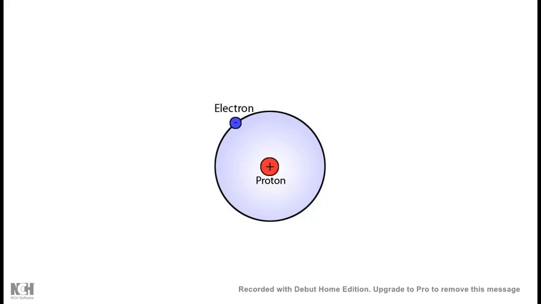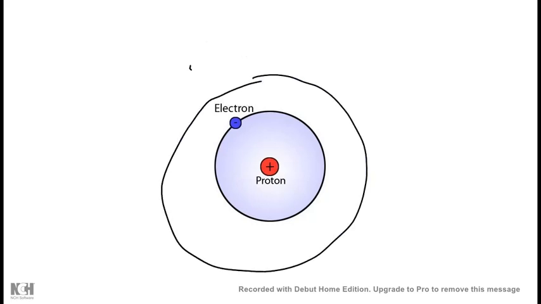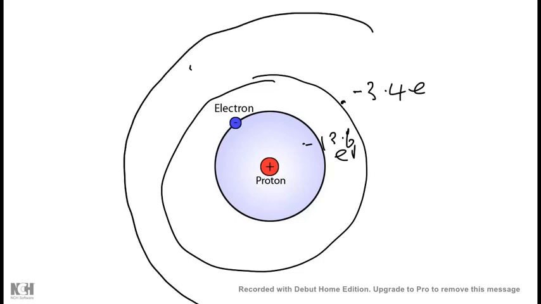Now, as we move out these shells, as I say, we go from minus 13.6 eV to minus 3.4 eV. You see how we're getting closer to zero, and zero is our boundary where the rest of the world is sitting.